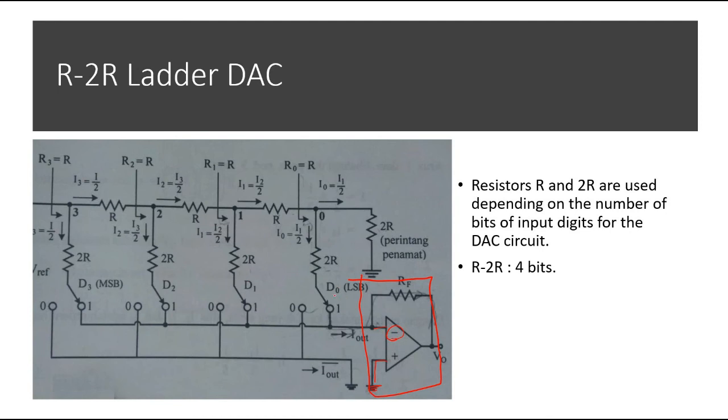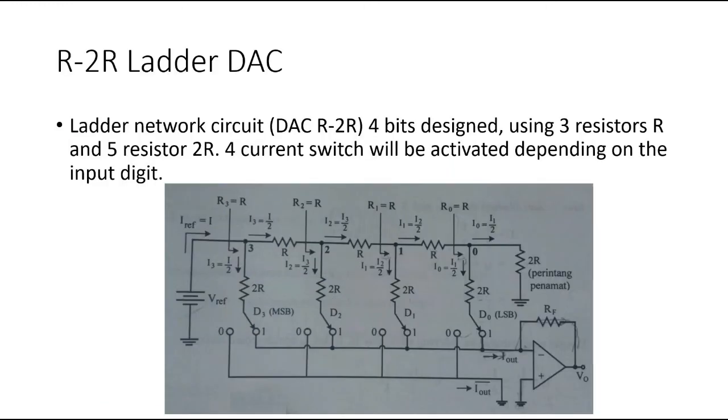And they start from here, D0 as the least significant bit up to the most significant bit. So it will be arranged D0, D1, D2 and D3 for 4 bits. For 4 bits, they are using 3 resistors R and 5 resistors 2R.